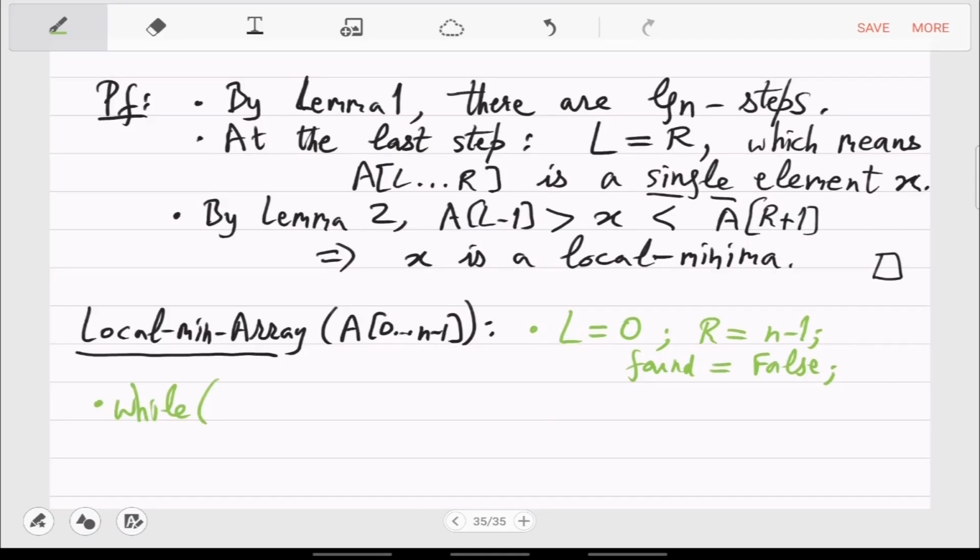And while not found, you calculate the midpoint.